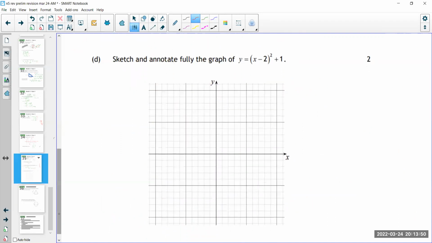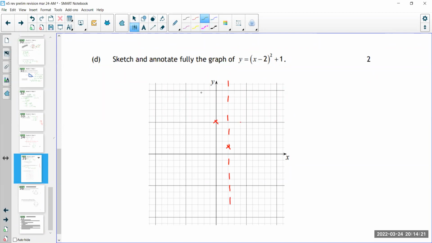And then you would be asked to sketch and annotate. So this one, if x is there, y is there, we said that we've got 2, so that's 1, 2, and 1. Then we get 0 and 5. And that is your axis of symmetry. So if that is the axis of symmetry, you've got another point here.